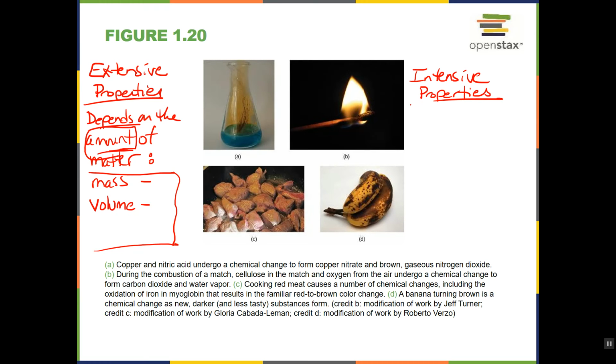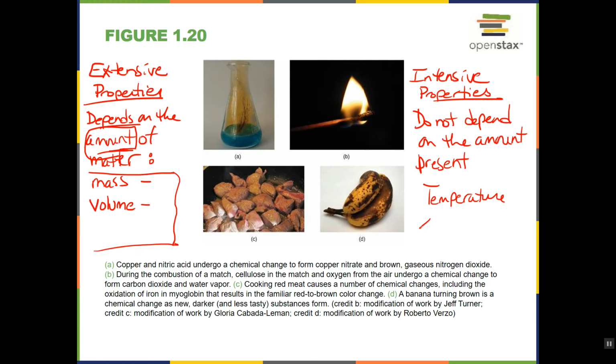Now, intensive properties do not depend on the amount present. An example would be temperature, right? If I took a little bit of water and put it in a block and made an ice cube, that's going to freeze at what?